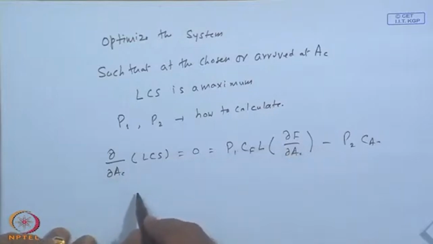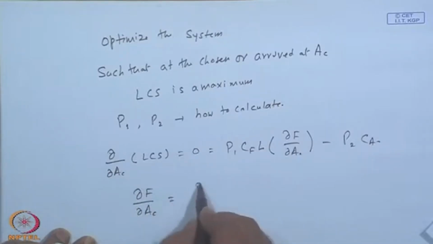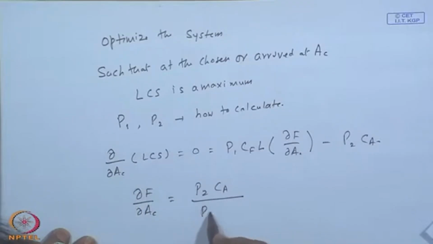So, from this you can find out dF by dAc will be P2 Ca upon P1 CF L.